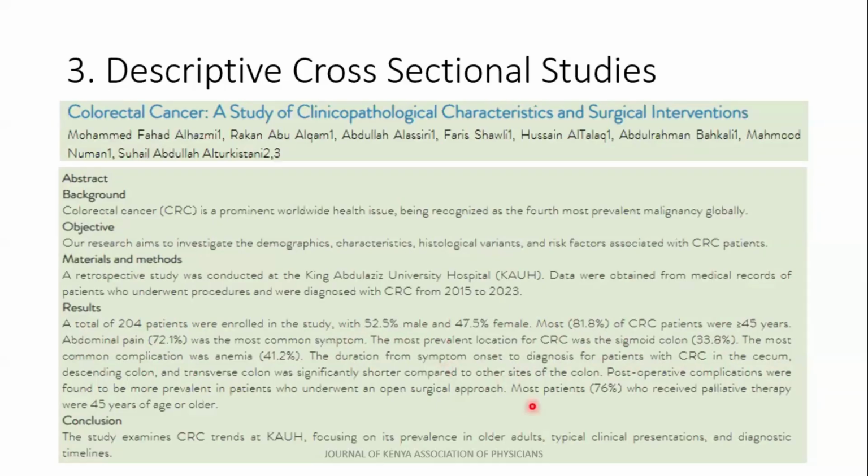Was it surgical? Was it palliative therapy? So they're not really testing associations. They're just telling us the clinical and pathological characteristics and surgical interventions that were done for the study participants.